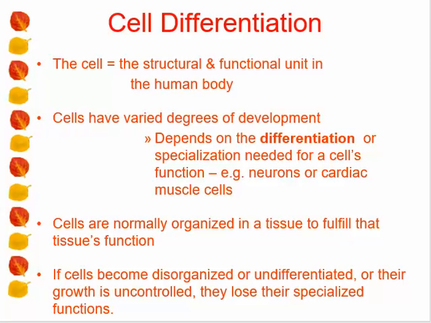And then as the embryo grows and then becomes a fetus and then becomes a person, all the different tissue types, all the different cell types grow from that original cell.